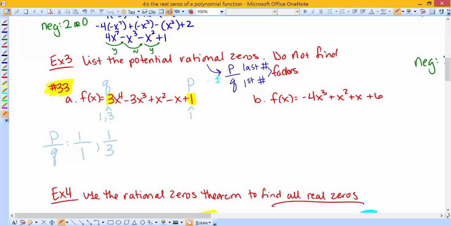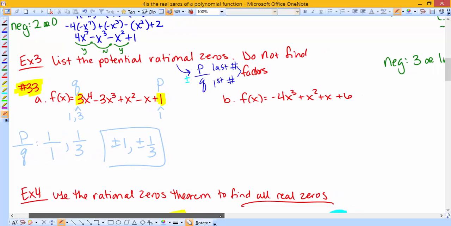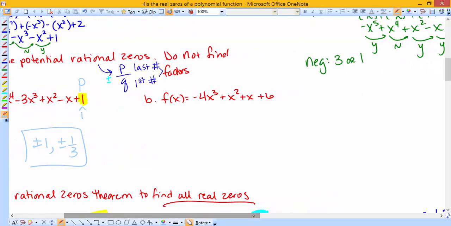So now I just need to make sure I put plus or minus. So my possible rational zeros are plus or minus 1 and plus or minus 1/3. So that narrows it down. So instead of looking at an infinite number of zeros, I'm only looking at 4. Plus or minus 1 and plus or minus 1/3.